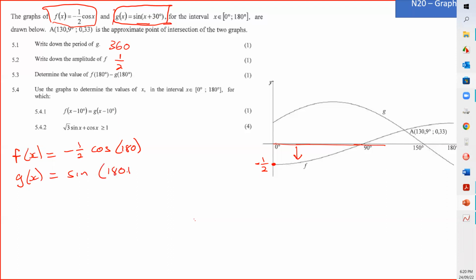So we're going to use 180 plus 30. If we do that on our calculator, f of 180, minus half cos 180, will give you a half. And then sine of 210 gives you negative half. So the question now is to find f(180) minus g(180). So we will say it's a half minus negative half, and that actually gives us 1.